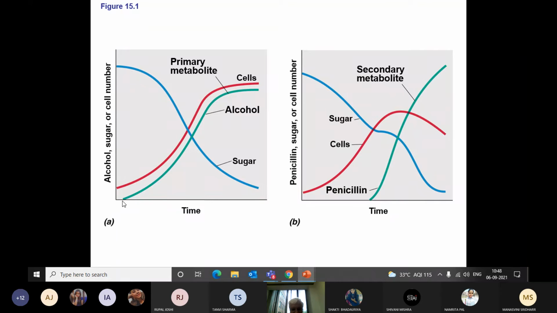If this is 10 hours or 8 hours, this is almost 2 days before the penicillin production just started. Actually, when the cells have reached almost the peak, almost the stationary level, it started producing, and penicillin is then produced in a very large quantity. And by the time the cells started lysing, the penicillin production reached its peak.